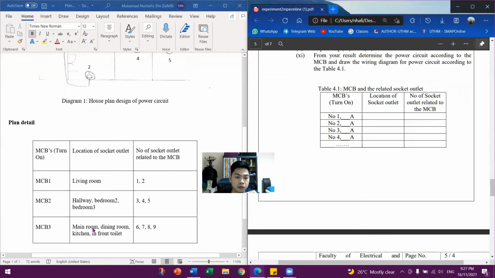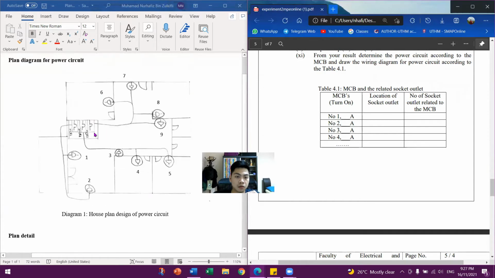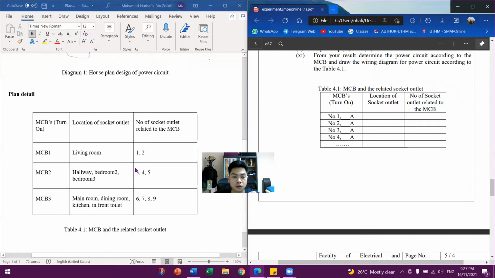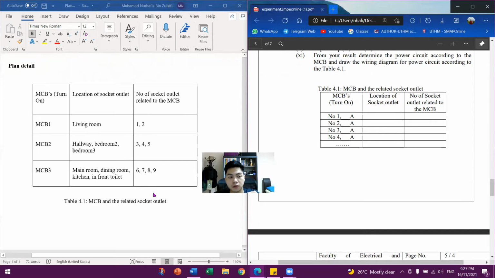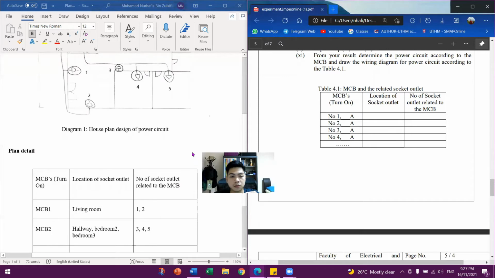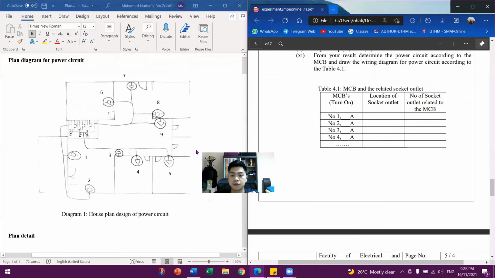And for MCB3, it is at the main room, dining room, kitchen, and in front of the toilet, which is 6, 7, and 9. So that's all for me for the plan diagram for the power circuit in this experiment.